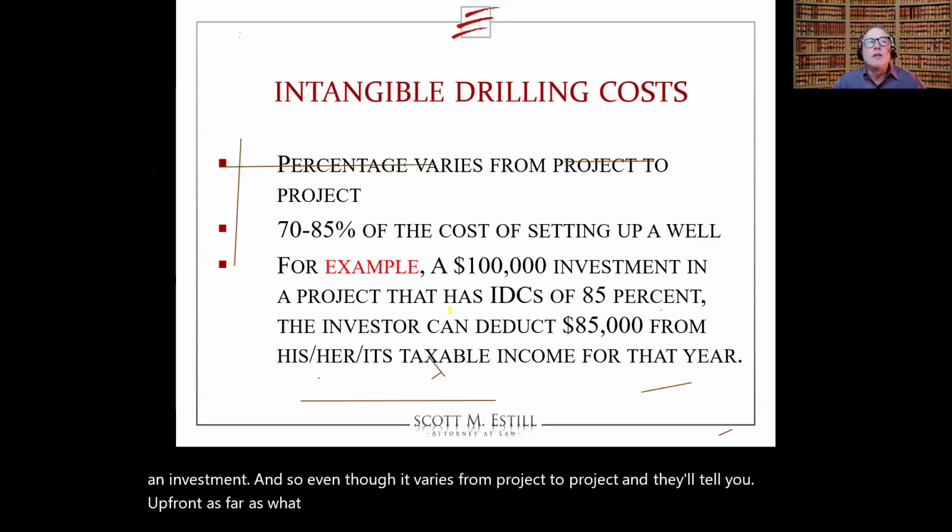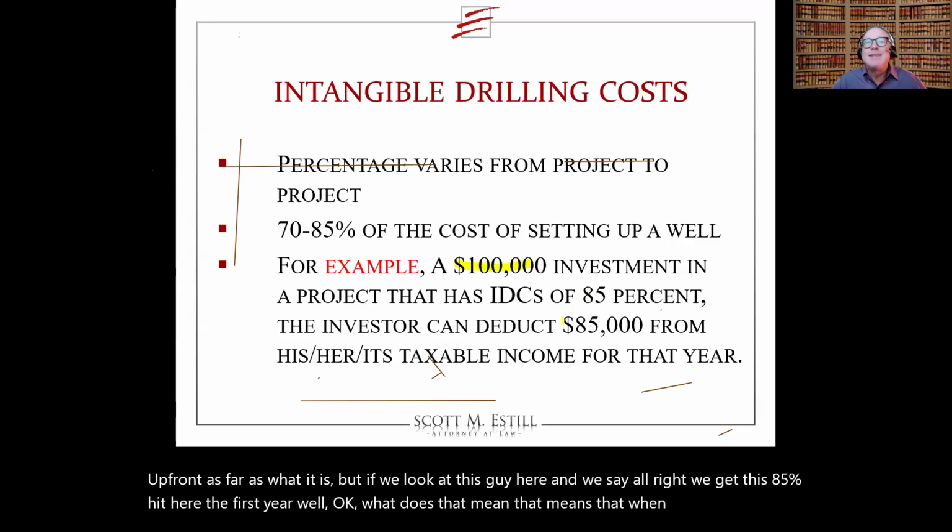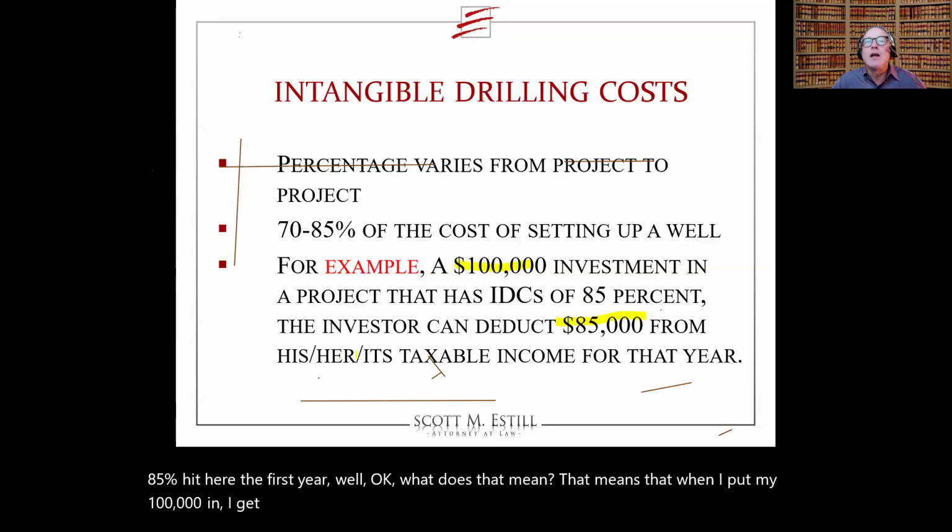But if we look at this guy here and we say, all right, we get this 85% hit here the first year. Well, okay, what does that mean? That means that when I put my 100,000 in, I get to deduct $85,000 from my other income. And so I put this his, her, or its because it could be an entity that is receiving this.